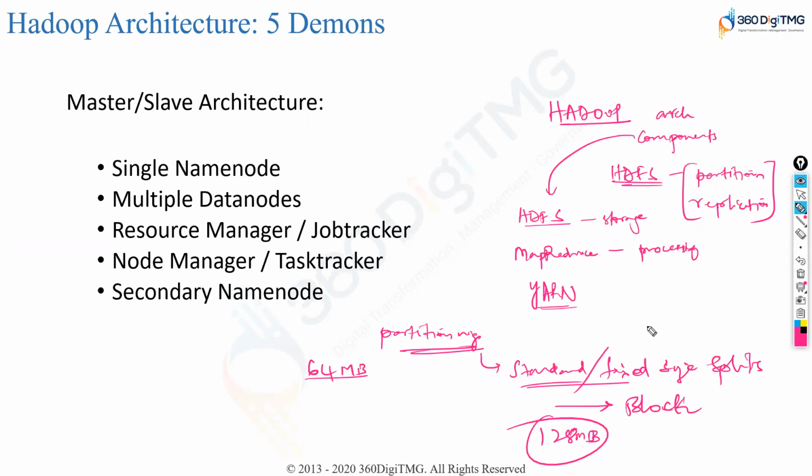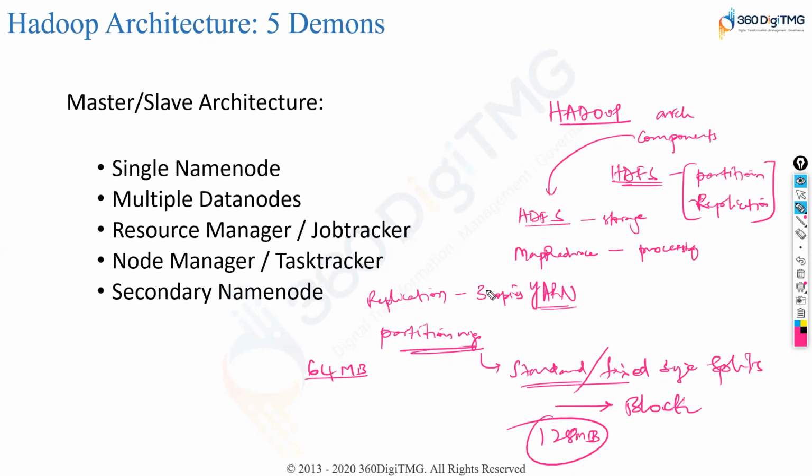Next, with respect to the replication, that is making copies of these blocks so that we do not lose the data, is done again using a standard procedure. And this replication by default makes 3 copies, right?